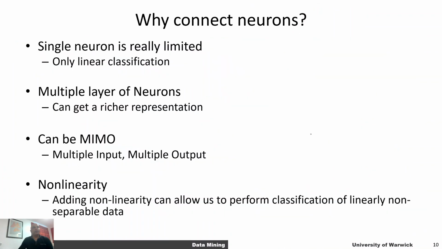Okay, moving on. So before we actually move to the evaluation part of the structure of multilayer perceptrons, why do we connect neurons? Now I've given you a very low level picture of how they're connected. The real reason we want to connect neurons is that a single neuron is really limited.